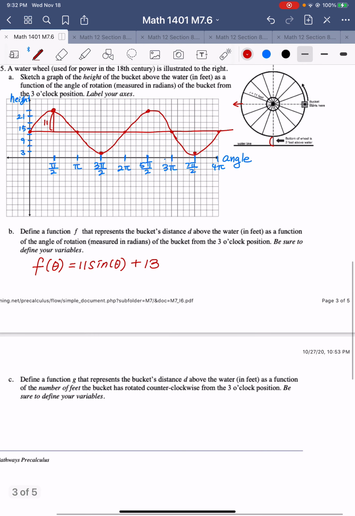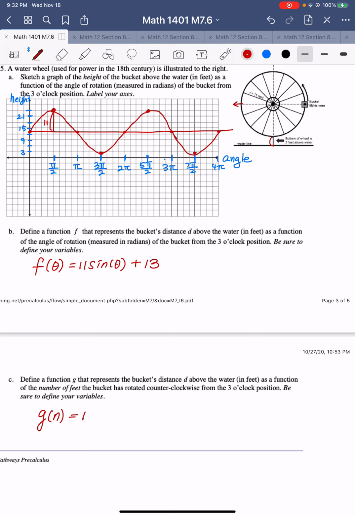And then part C, define the function G, which represents the bucket distance d above the water as a function of the number of feet the bucket has rotated counterclockwise from the 3 o'clock position. So this time, I want to say G of n, where n represents the number of feet the bucket has traveled along the arc formed by its path as it rotates.